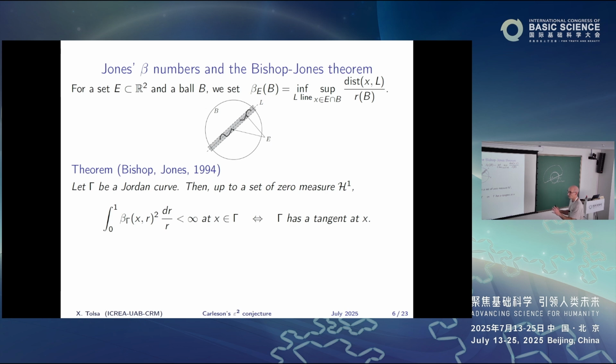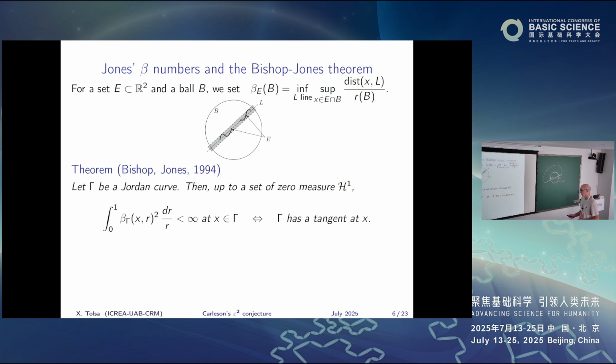Not an approximate tangent, but a true tangent. So this is the same equivalence we had previously with epsilon coefficients instead of beta coefficients. So the Carleson conjecture stated that the same was true with epsilon.